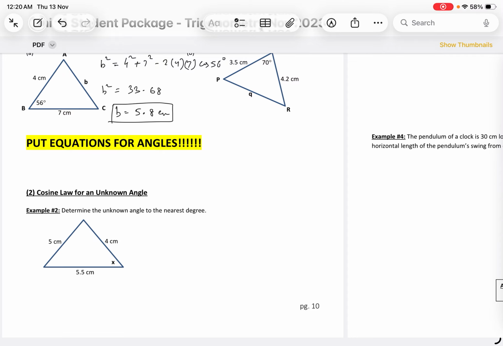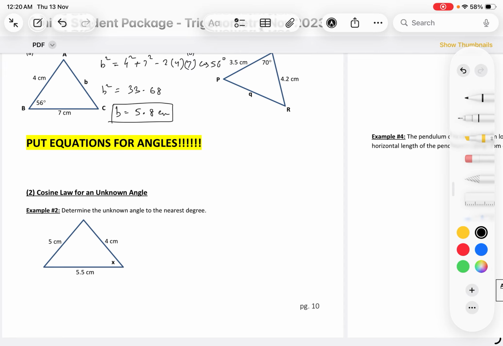Let us do example number 2. Here we need to find the unknown angle x. So cos of angle x, I told you to square the adjacent sides and add them up, right? 5.5 square plus 4 square, then subtract the square of the opposite side, divided by twice the product of the adjacent sides. What is 5.5 square? Yes, you're right.